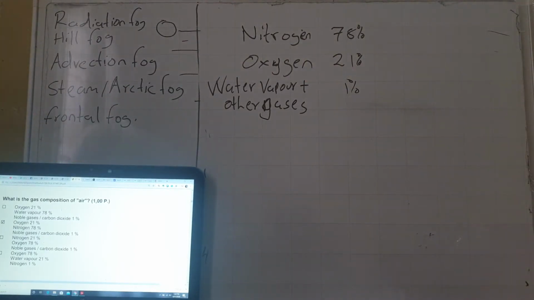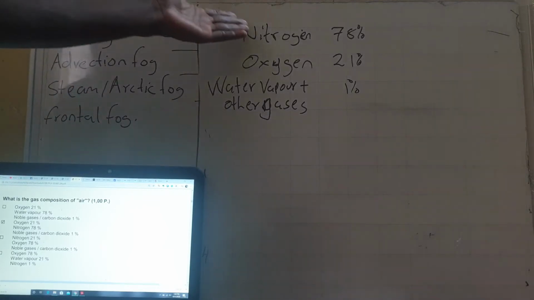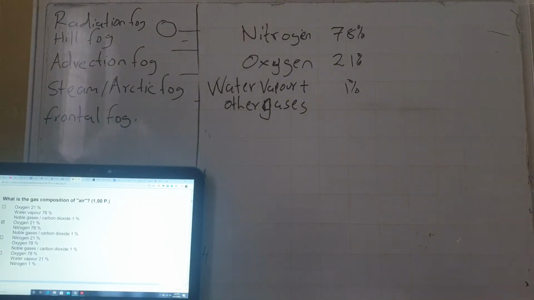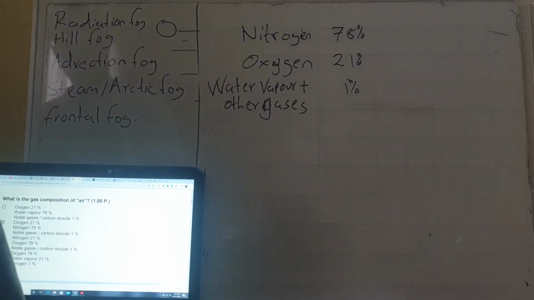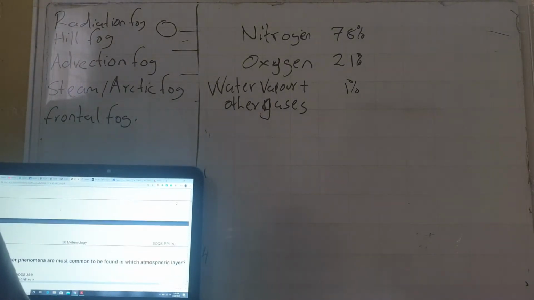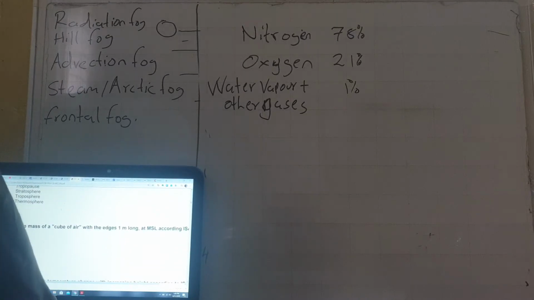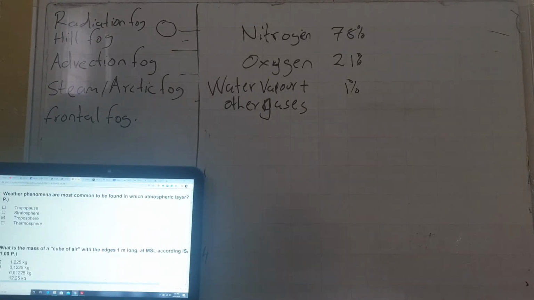So your answer is B, because that's the only answer that gives you nitrogen 78% and oxygen 21%. So with these things, even if you don't know things to the specific level, you still have a very good chance of passing.